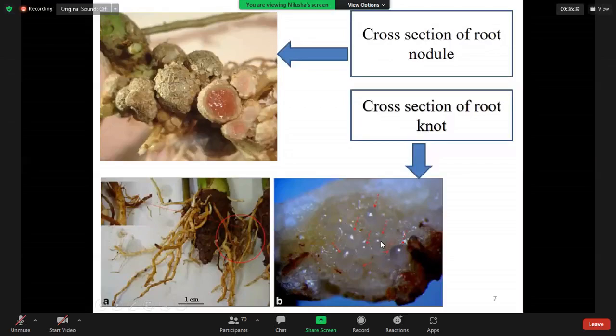It is the female root knot nematode. They are living inside the root knot and causing damage to the plant. This is the root nodule, it helps plant growth. Root knot helps the plant damage. Is it understood?